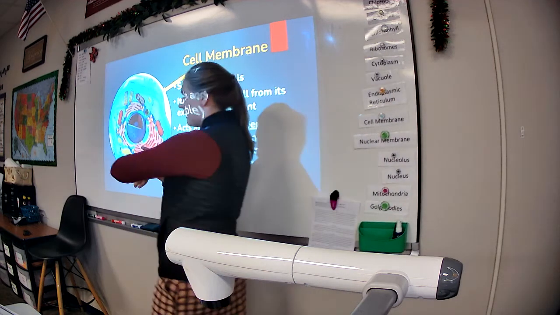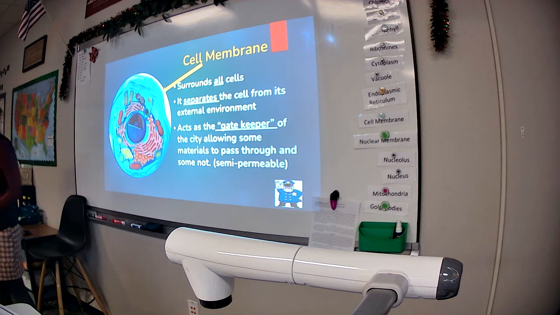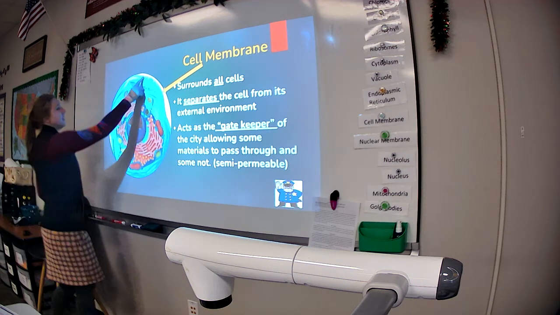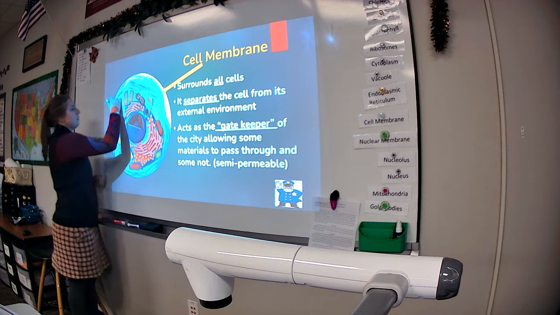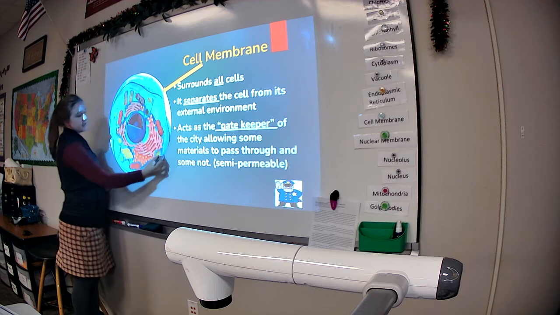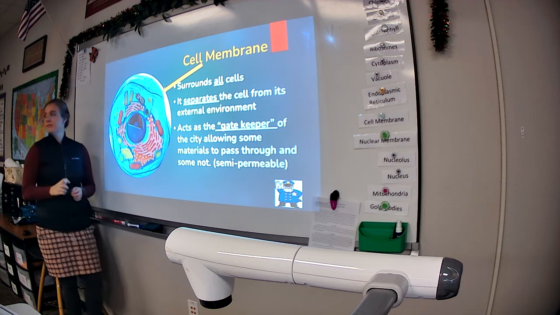Cell membrane. Okay? The cell membrane surrounds the entire cell. So if I were to draw it for you, in this diagram, it's this kind of bubble that covers the whole outside.